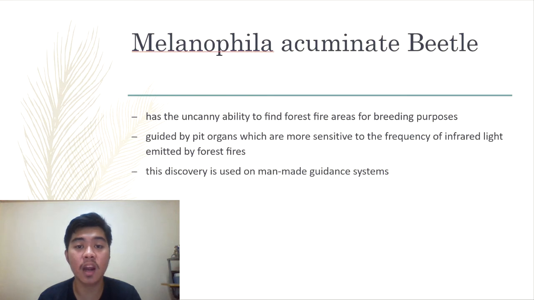These beetles are guided by specialized structures, known as pit organs, which are sensitive to the frequency of the infrared light emitted by forest fires. This discovery is used to design equivalent man-made guidance systems. Heat-seeking missiles, for example, rely on sensors that need to be cooled to freezing temperatures at significant cost.